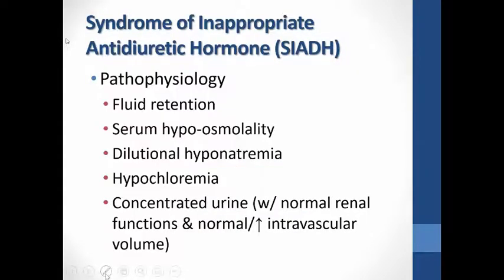So there you go. In terms of the pathophysiology, with SIADH you're going to see a retention of fluid. Your serum osmolality, or osmolarity, is going to be low. Once again, you're going to have dilutional hyponatremia, which means there's more water and less particles, specifically sodium, and subsequently hypochloremia.